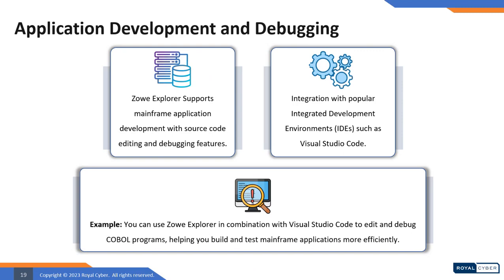Rather than in the ISPF panel, where we code it and it will not highlight. Whereas when I compile, the compiler listing will show you the errors, and then you need to come back to the code and correct it. This is much simpler and easier, and we can program effectively, so your development time will get reduced a lot.